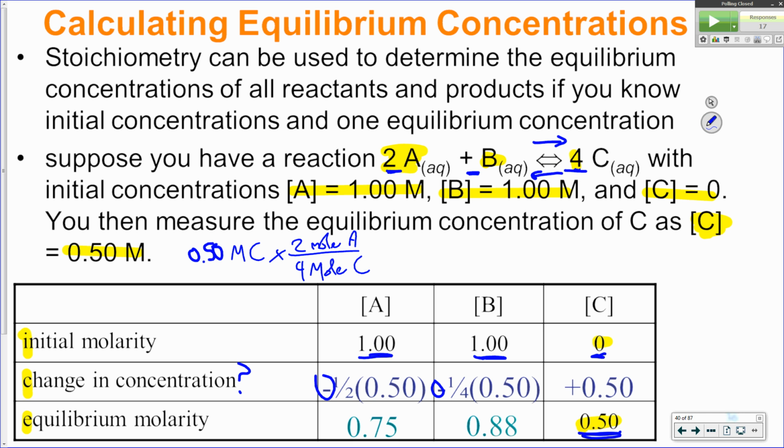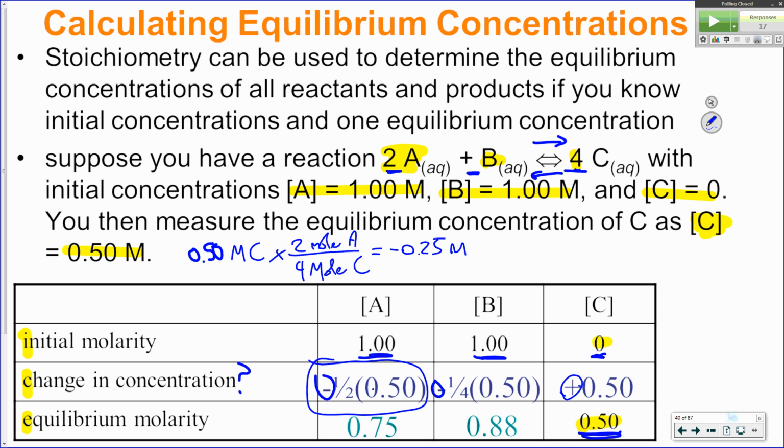So if I look at that change that's going to occur, I've got 0.5 times 2 divided by 4, that's 0.25. And since this change was positive, I know this one is on the other side, so it's going to be a negative of that. It's going to be going down 0.25 molar. So the change is a minus 1/2 of the change that occurred on C.